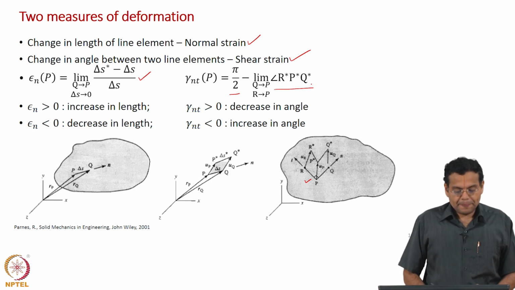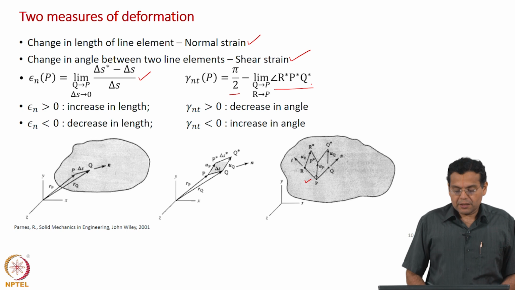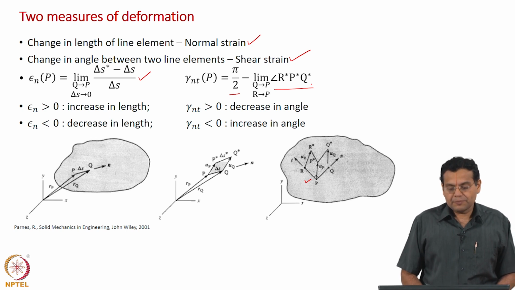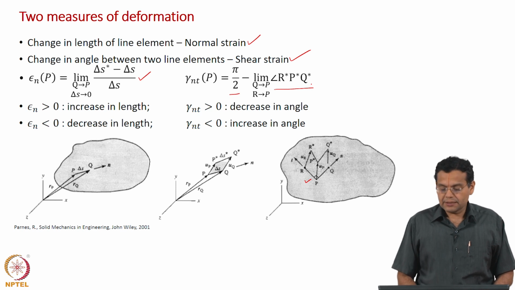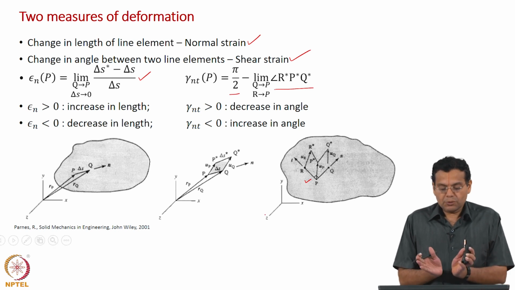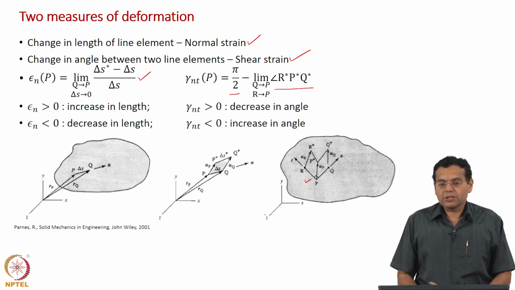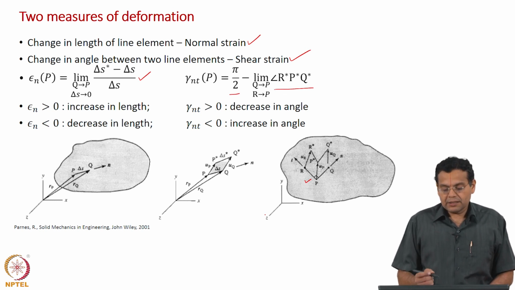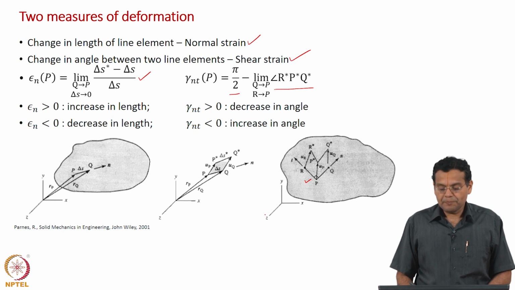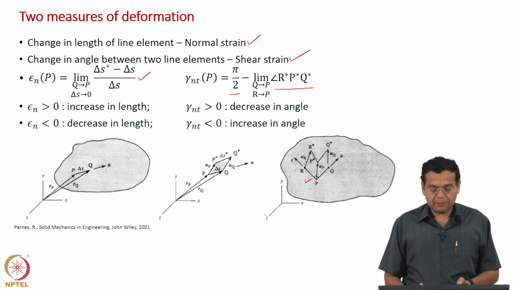A normal strain greater than 0 tells increase in length, less than 0 tells decrease in length. If the shear strain is greater than 0, the two lines have come closer to each other, which means there is a decrease in angle between them. If the shear strain is less than 0, then there is an increase in angle between them.